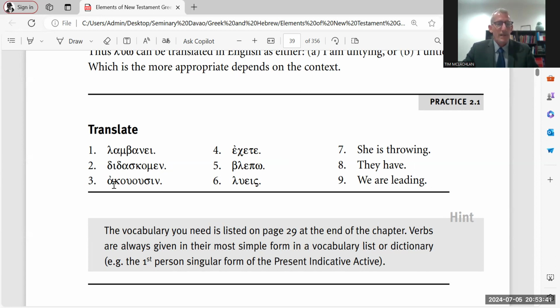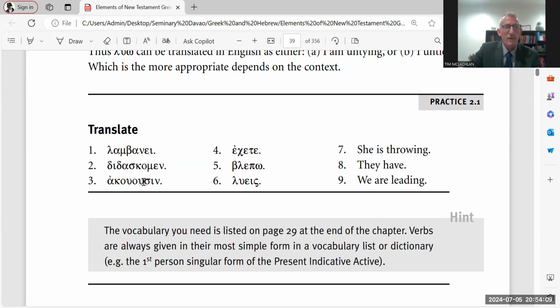Okay, number 3, akousen. Aku, and remember that we had the memory device, acoustics. So you know that an akuo is to I hear. Okay, and here you have to recognize the stem. See, ousen would be the ending. So aku, just the first 4 letters there, with the omega on the end becomes akuo.